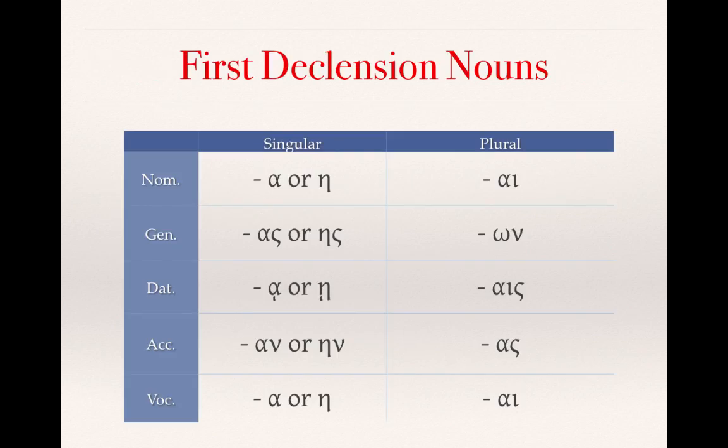So here's a chart of those endings. And you can see that the endings are either an alpha or eta. And then there are additions to that that signal the case.